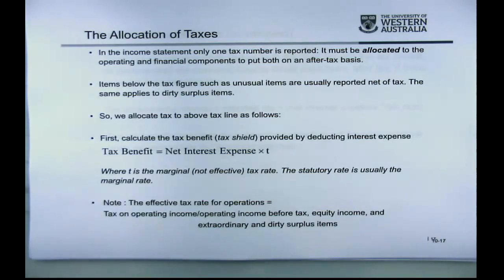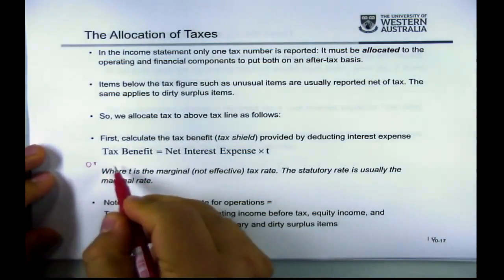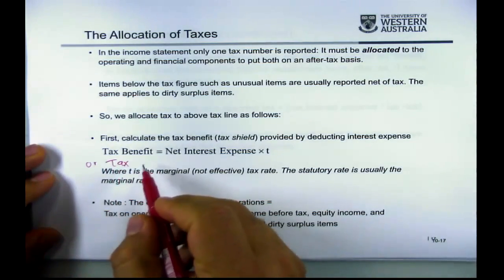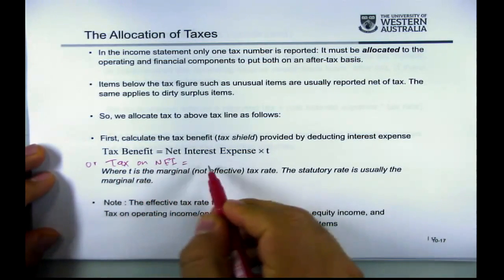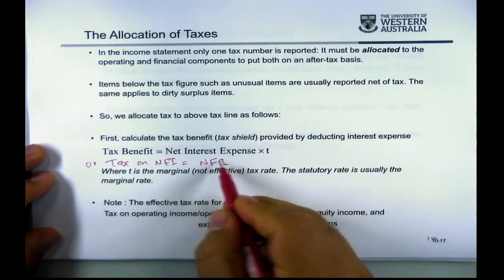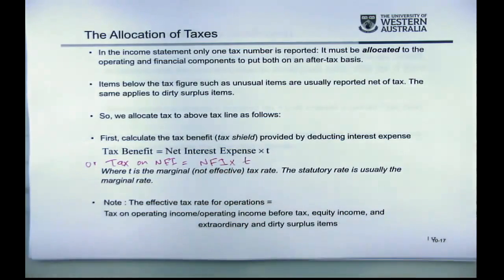Now let us see how the tax is allocated between operating income from sales and other operating income. First step is to calculate the tax benefit on net financial expense or tax on net financial income, and that is equal to net financial income times the statutory tax rate, okay?